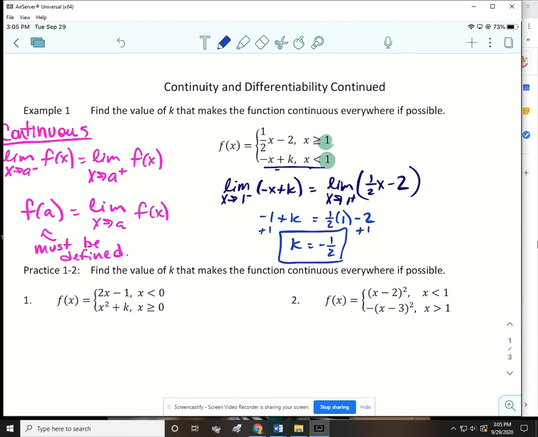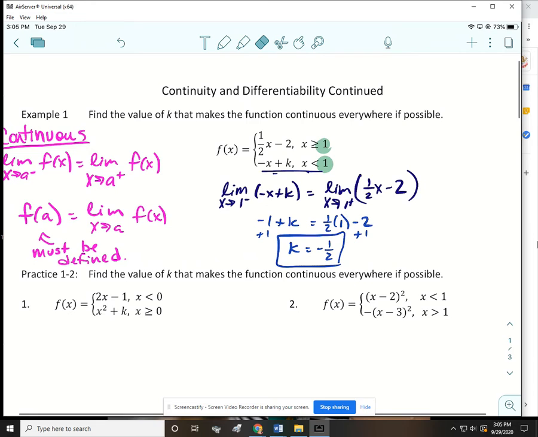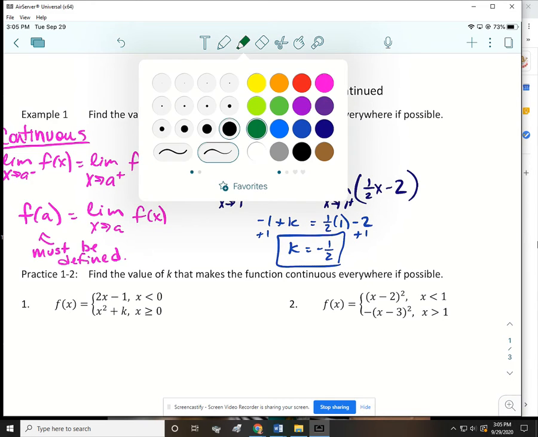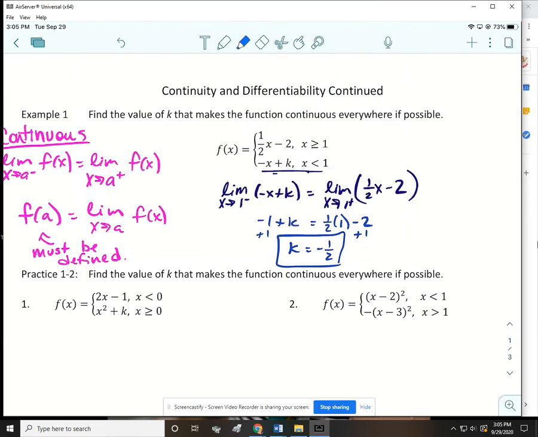And let's check one more thing. For the function to be continuous, there must be a value when x is equal to 1, and there is. Because I have that or equal to, I already know what I'm going to get. But anyway, as long as the two limits match each other, then we're good. That's going to be our k.